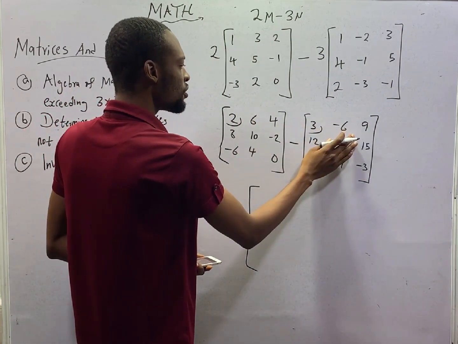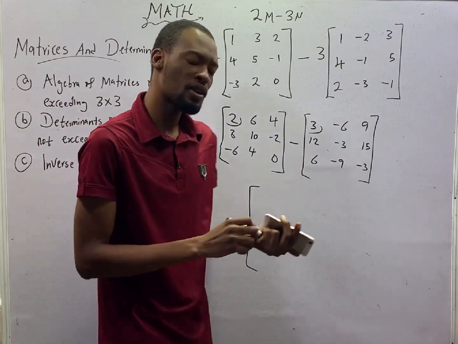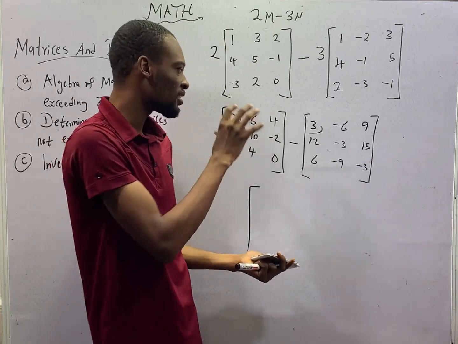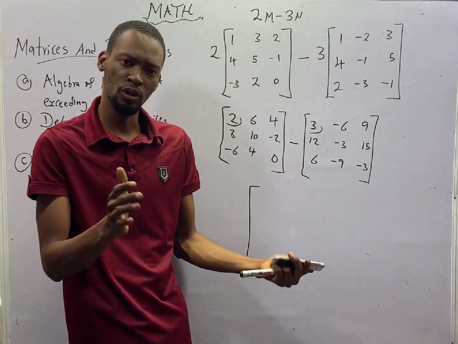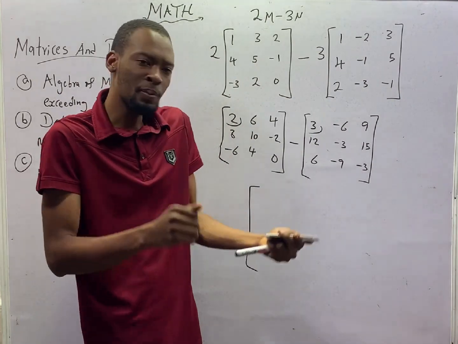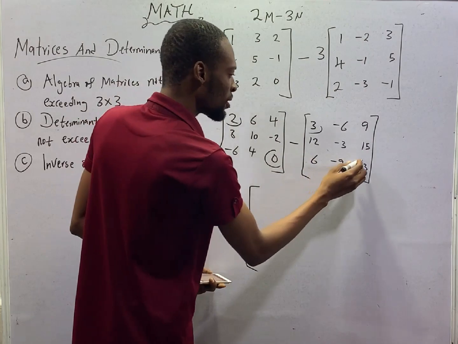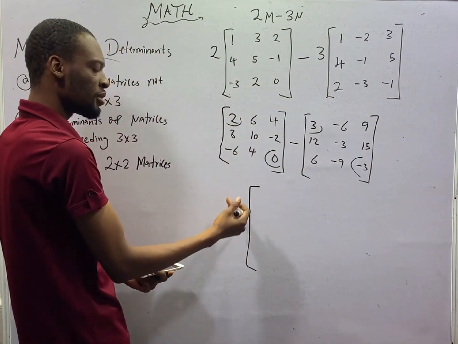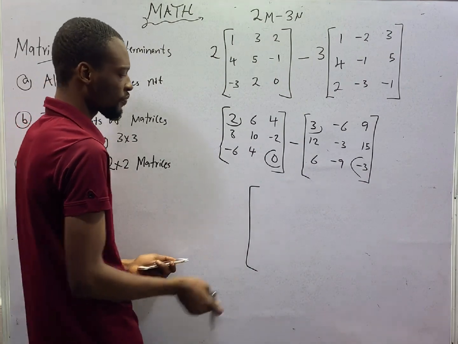This is actually easy because you can only add matrices when they have the same dimension. They must have the same rows and the same columns, so that the ones standing in similar position will be operated on. For example, 0 here and minus 3 are in similar position. You subtract them. Now let's get back to business.